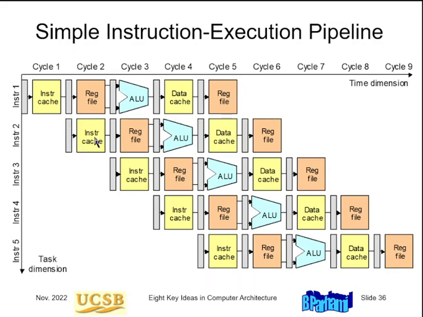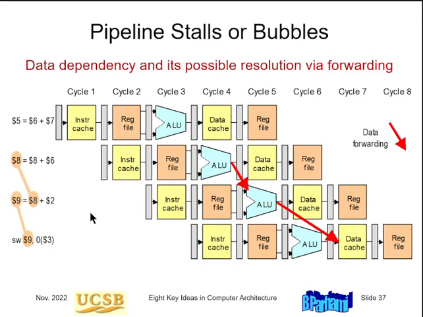So it's possible that this instruction has some data dependency on the previous instruction, so that we may not be able to initiate it before this instruction has been completed, or at least partially completed. So here I've shown an example of that.